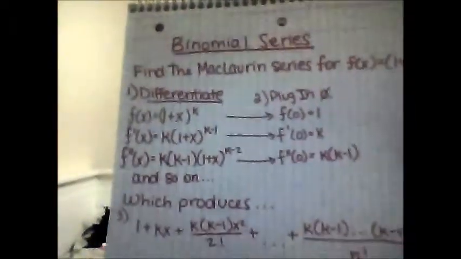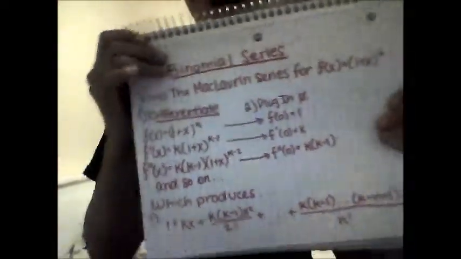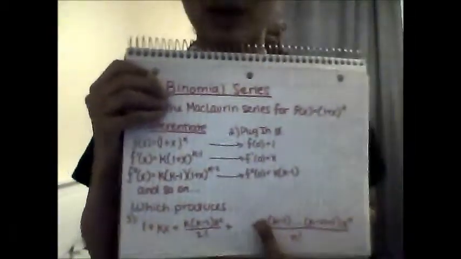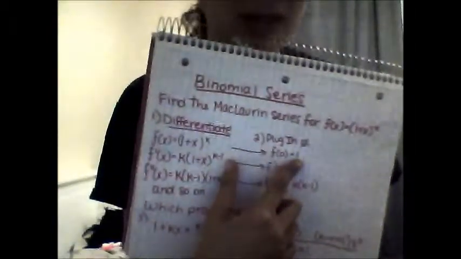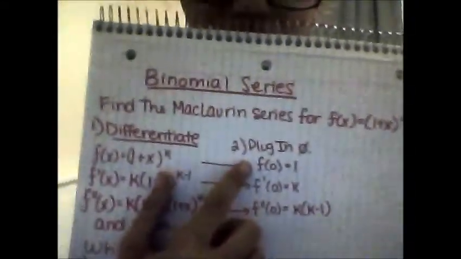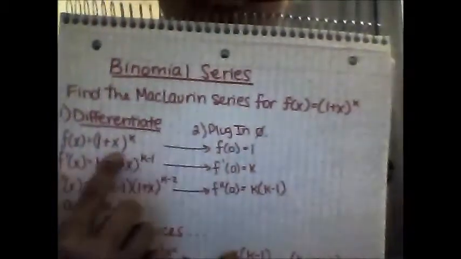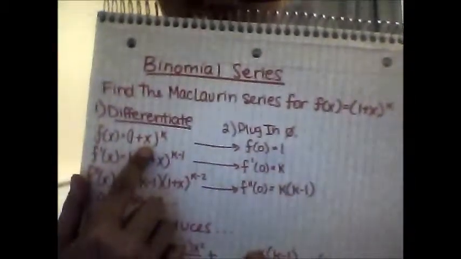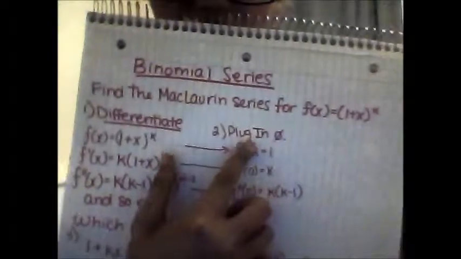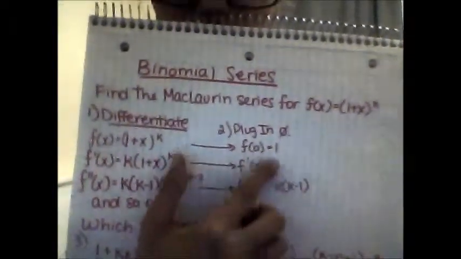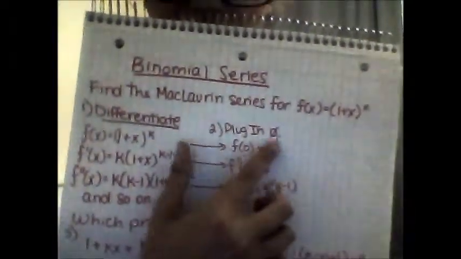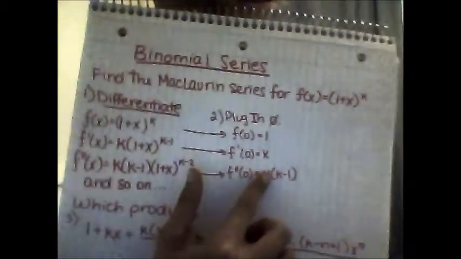The next thing I did was I plugged in 0. The reason for doing this is because it is a MacLaurin series, which means it's centered at 0. So I just plugged in 0 for our x here, and we start getting our coefficients that we'll have in our answer.